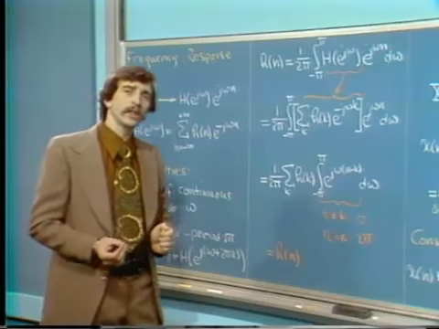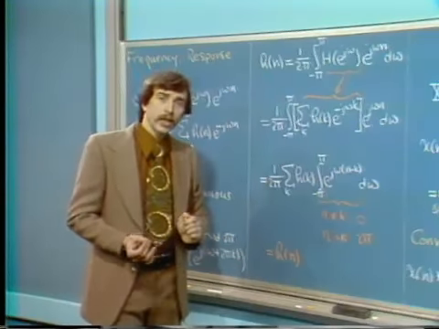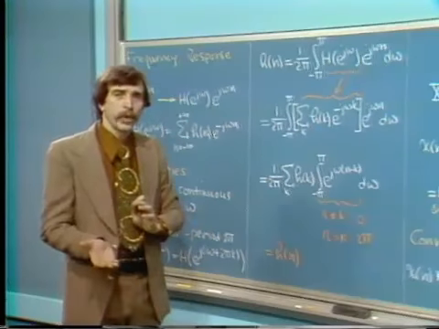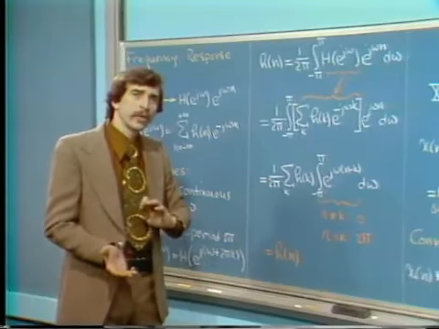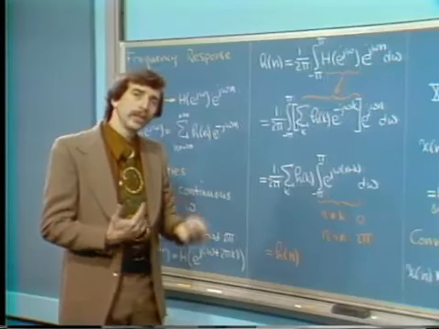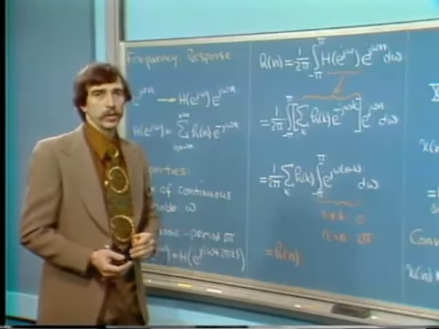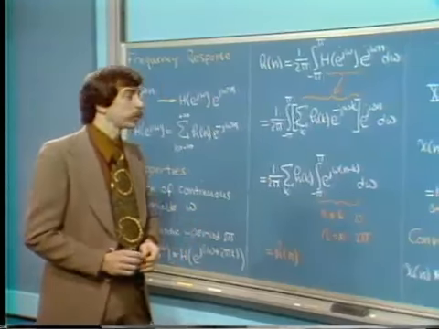And in fact, we can think of this as a Fourier transform or a time domain, Fourier domain transform pair relating the unit sample response of a system and the frequency response of the system. And we can go back and forth.